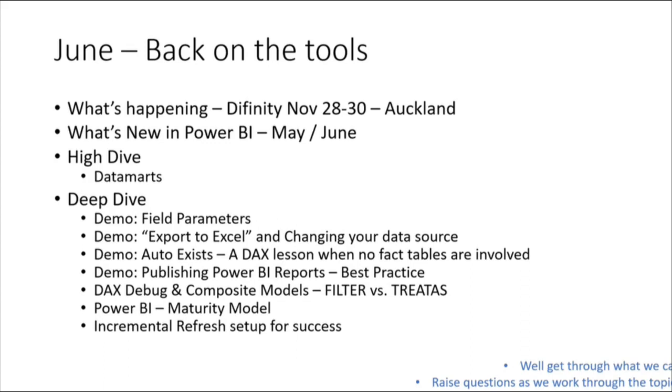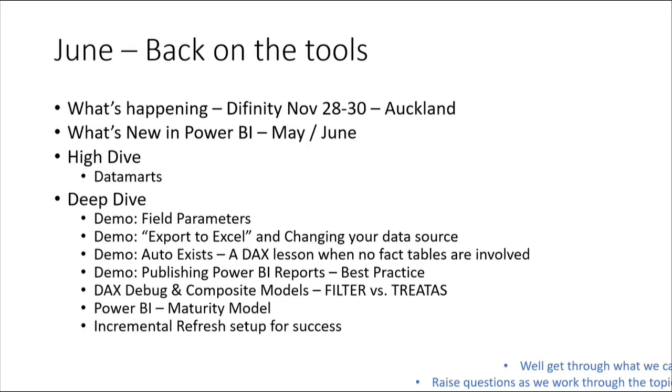So we'll have a look at field parameters, probably also a rarely used feature, and that's a bit of guesswork, on export to Excel. We'll have a look at auto exists. That was a little challenge that I came across in the last couple of months, which I needed some significantly elevated support to nut out and solve, so we'll share that with you.